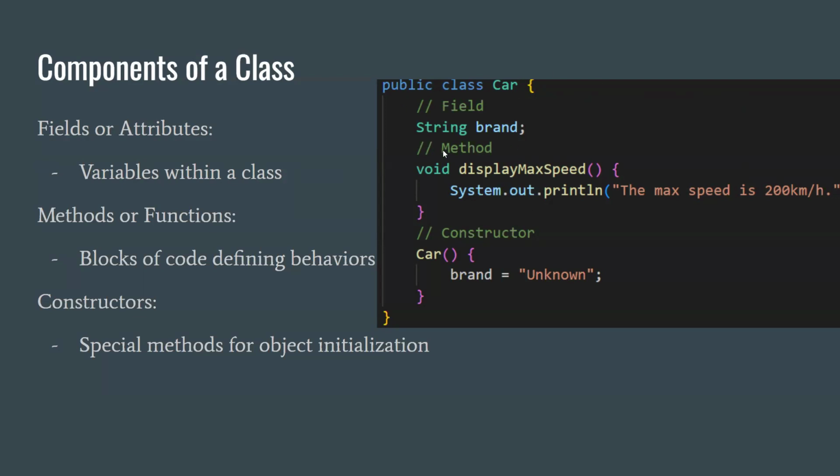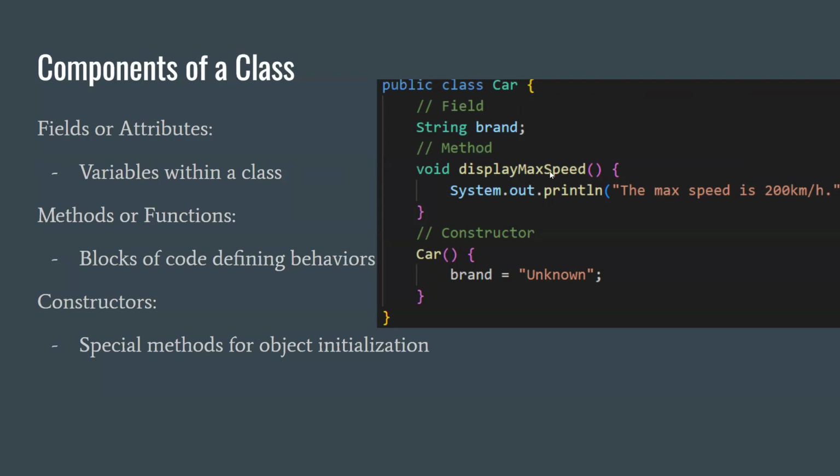If we look at this example, we have this Car class, and it now includes one field called brand, one method called displayMaxSpeed, and one constructor. The brand field stores the car's brand.